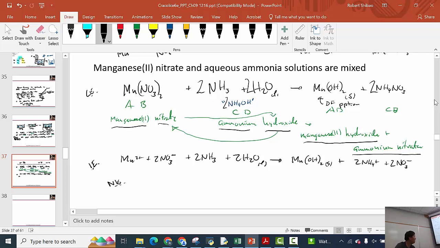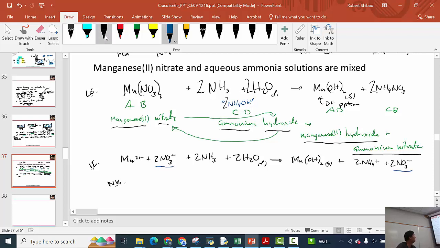For the NIE, we need to see what doesn't react. So what didn't react here? Did the manganese react? Yes. How about the nitrate? Nitrate didn't react, because you see on the right, it's still nitrate. Did the ammonia react? Yes. Ammonia and ammonium are two different things.